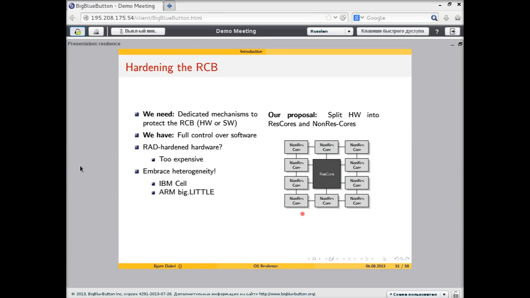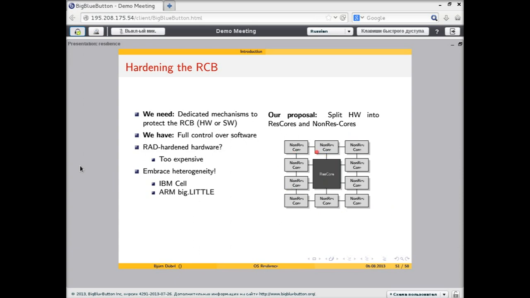And of course, the idea then would be that a resilient core is protected using hardware mechanisms and therefore consumes more energy and takes up more space on the chip. And by not only having resilient cores, but also non-resilient cores around, we could get better performance per chip area and per energy spent.